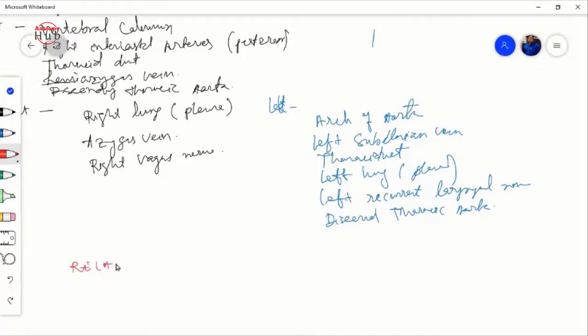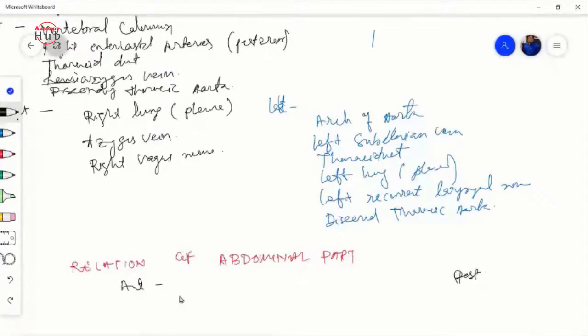Then relation of abdominal part. Okay, so we'll see anteriorly, we'll see posteriorly, right? So anteriorly we'll find the, who can say, left lobe of the liver.